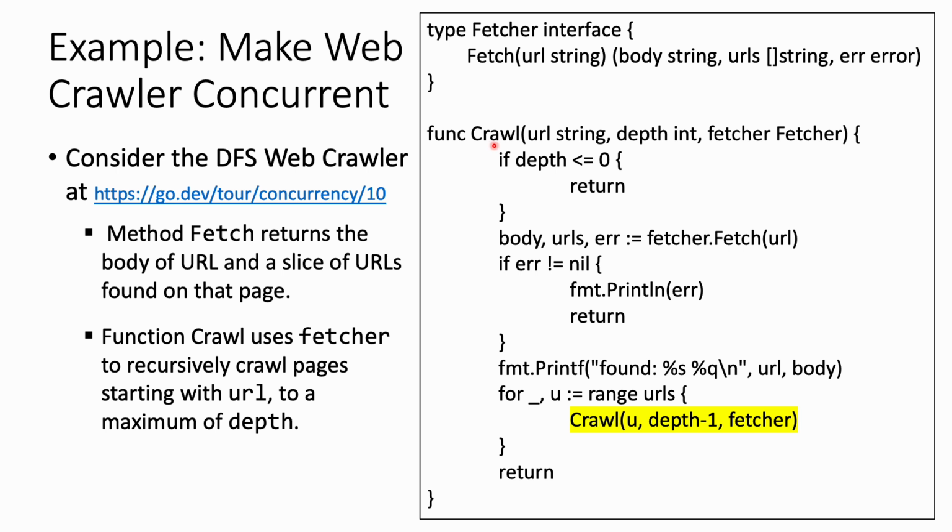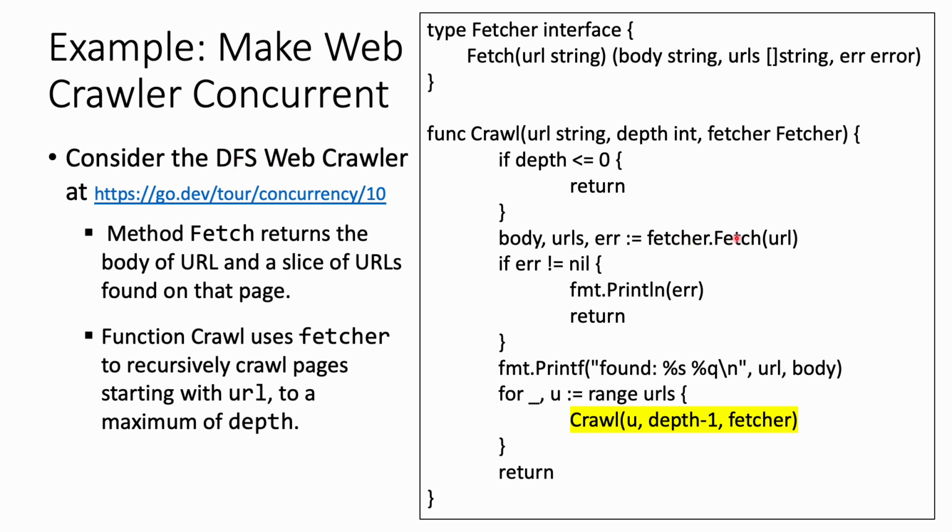Function crawl uses an instance of the fetcher interface to recursively crawl pages starting with the given URL to the given maximum depth. This implementation of function crawl is a depth first search algorithm.